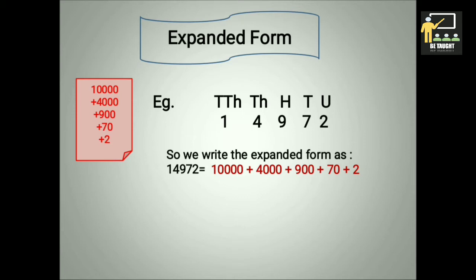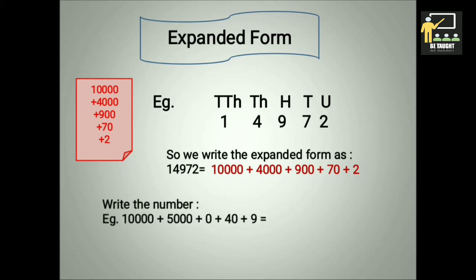We start with 1, that is 10,000, then the next number, that is 4, plus 4,000, the next number is 9, so plus 900 plus 70 plus 2. So you have to see the place and according to that you have to write the expanded form of the given number.